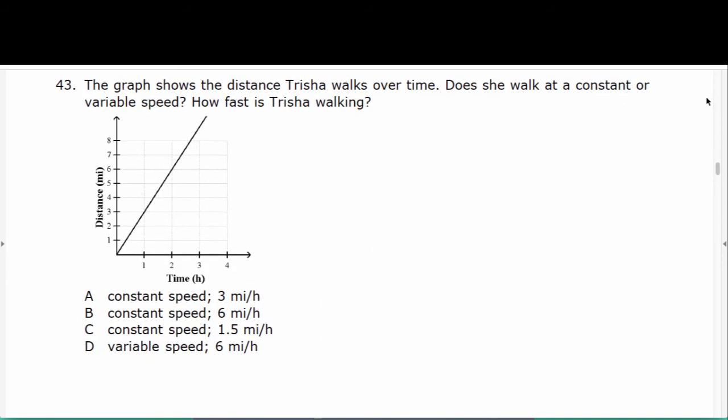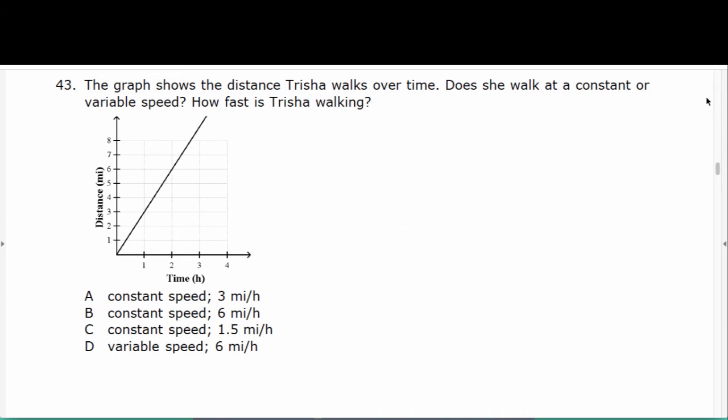Question 43. The graph shows the distance Tricia walks over time. Does she walk at a constant or variable speed? How fast is Tricia walking? If you need help reading the graph, please raise your hand.